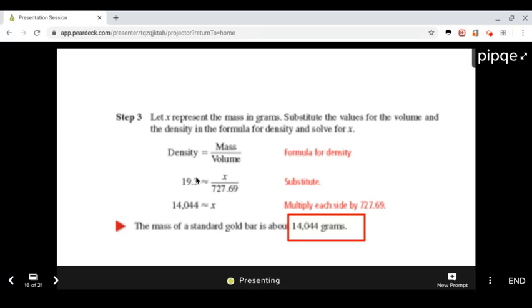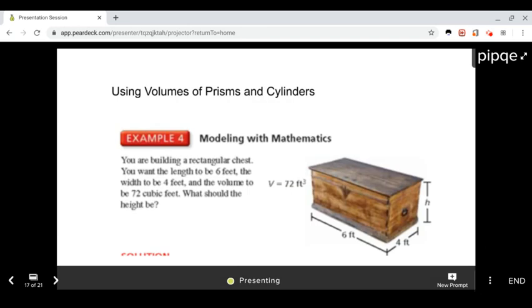Now it's all about using the density formula, which is D equals M over V. You substitute your values for these variables, and you end up with 19.3 is about X over 727.69. You cross multiply, and you get X equals about 14,044 grams.